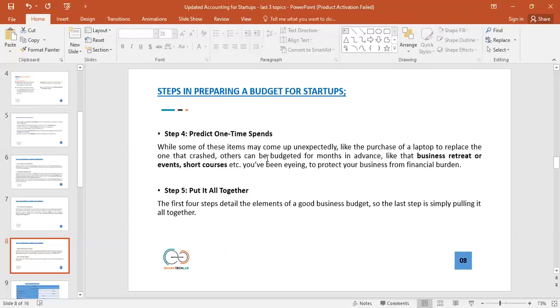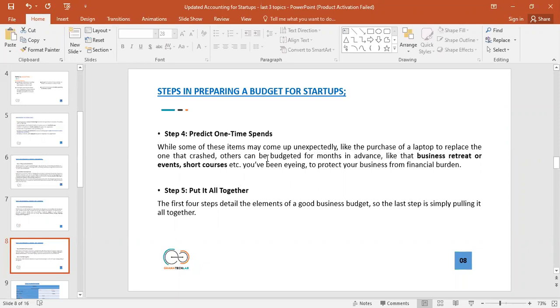But then you realize that it wasn't catered for in your budget. It becomes a problem because when you spend, you're probably eating into another thing's funds. You're probably overspending or creating some kind of problems for yourself because of the amount of money that you budgeted.